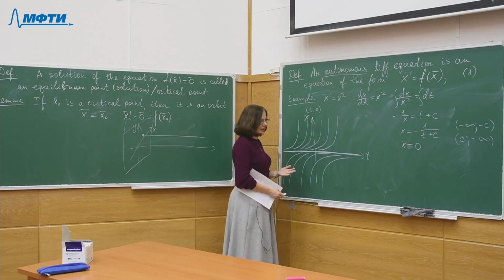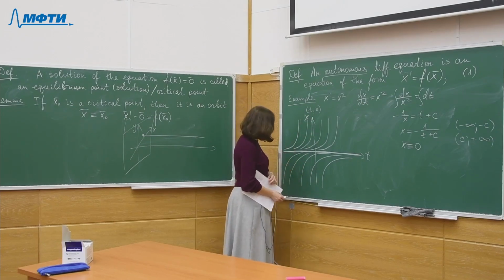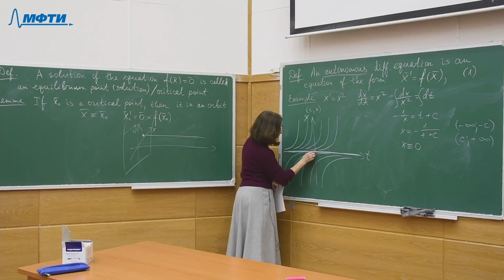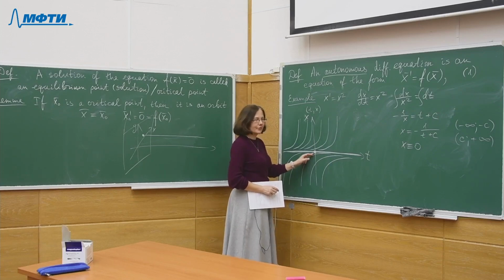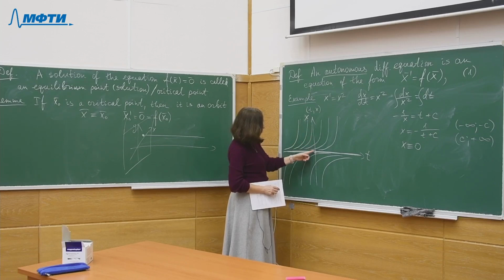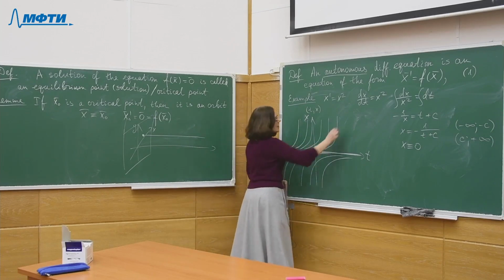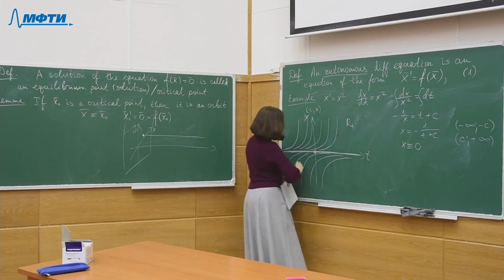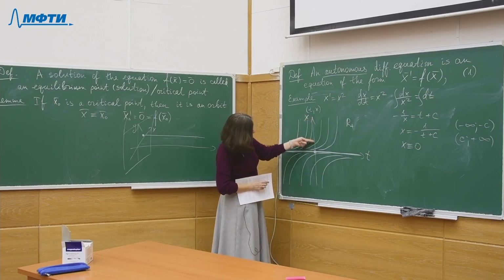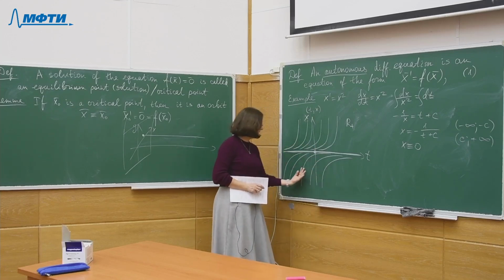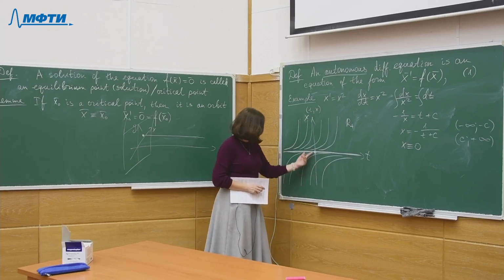We will see a point. This is a critical point, or an equilibrium point, and two rays, R plus and R minus. The projection of these integral curves will give us this ray, and projections of these integral curves will give us this ray.